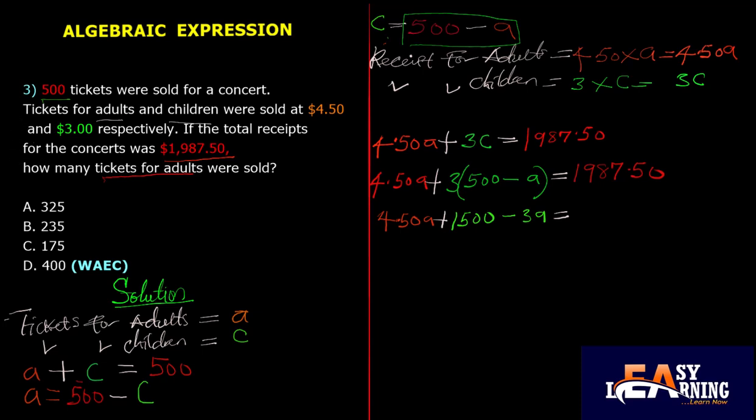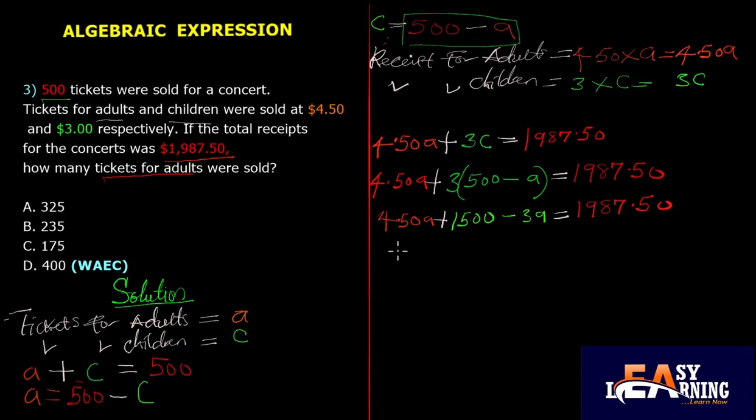Now we've been able to open up that bracket, and we can now keep solving. But before we proceed, let's bring down the total numbers of tickets that were sold in the concert. That's $1,987.50. Great. All right, so we can collect like terms here by saying all A's go to A's and all numbers go to numbers. We can do that, right?